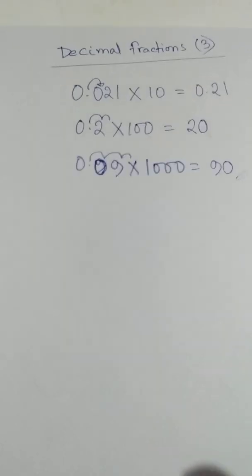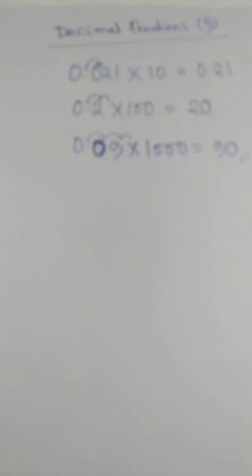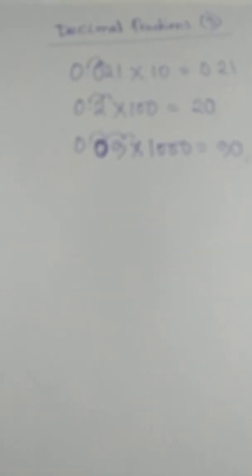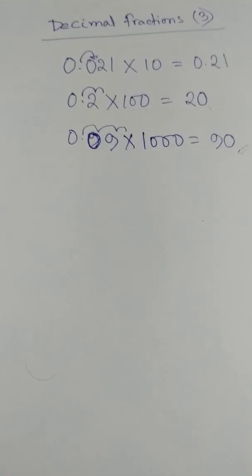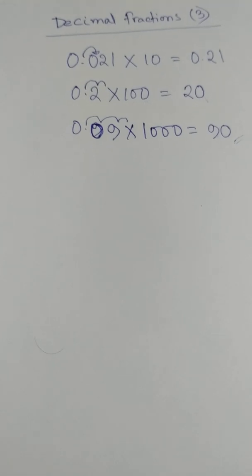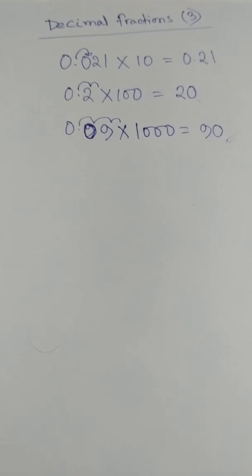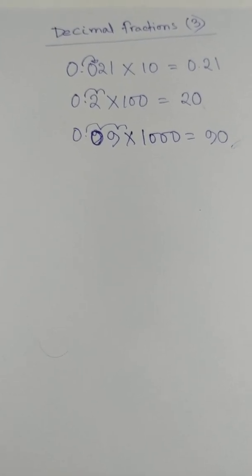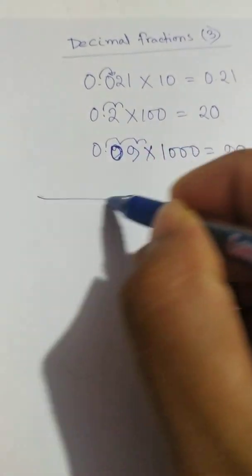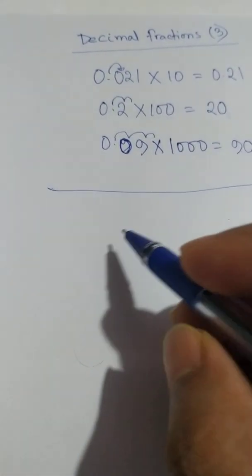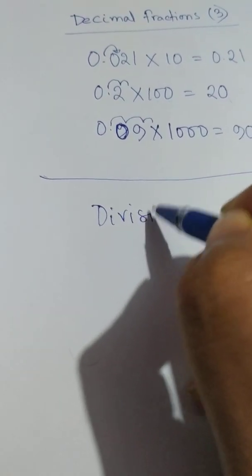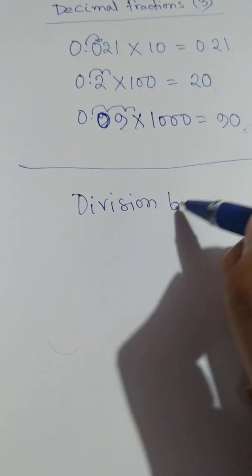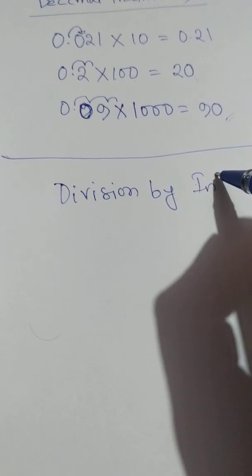So this is what we discussed in our last class regarding multiplication with 10, 100 and 1000. Now today we are going to learn a new topic, that is division, how to divide decimal numbers, division by integers.